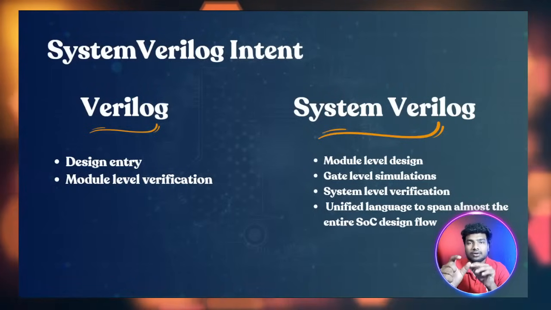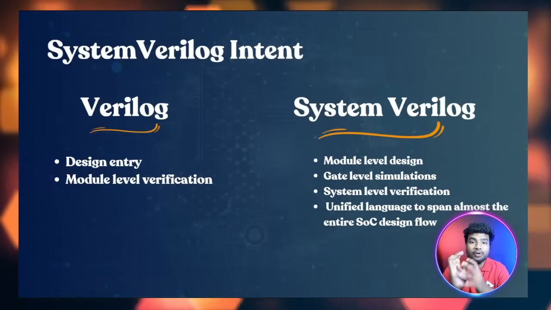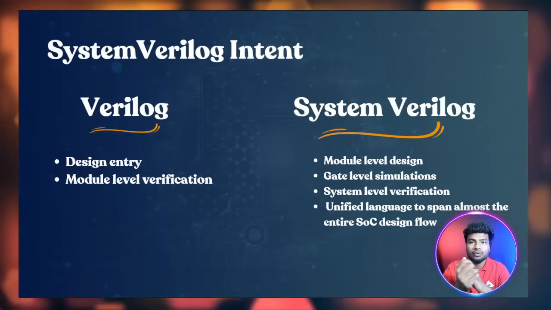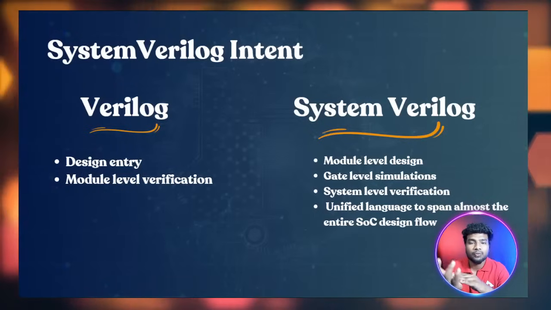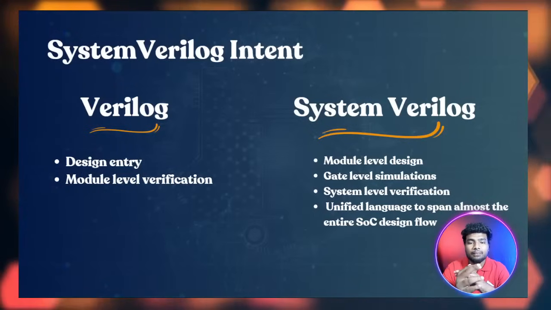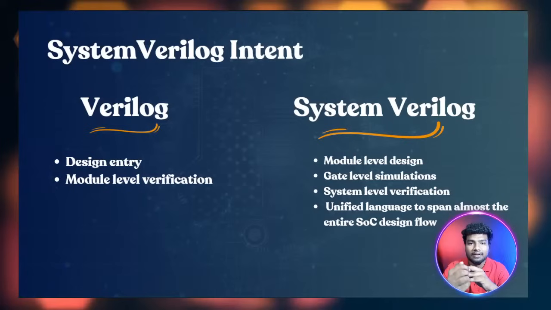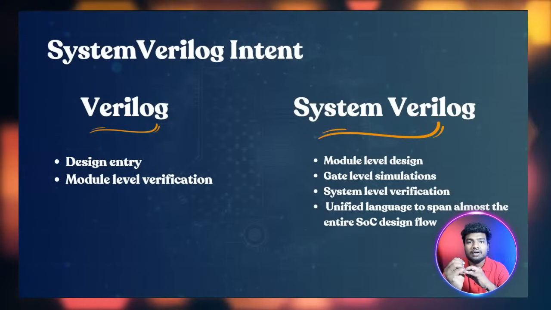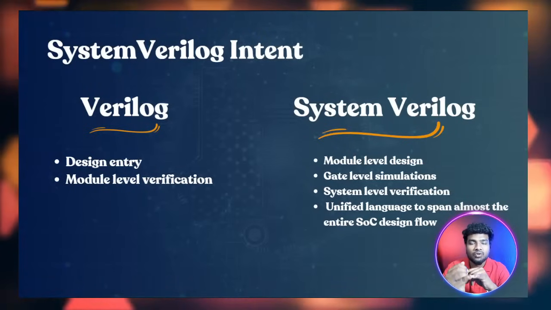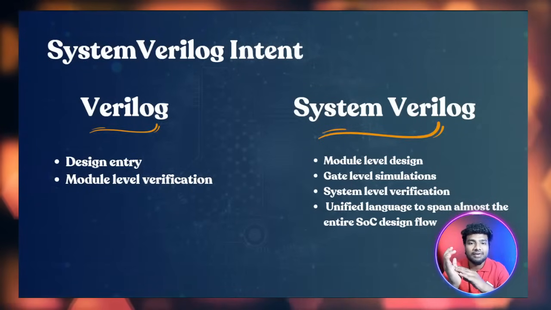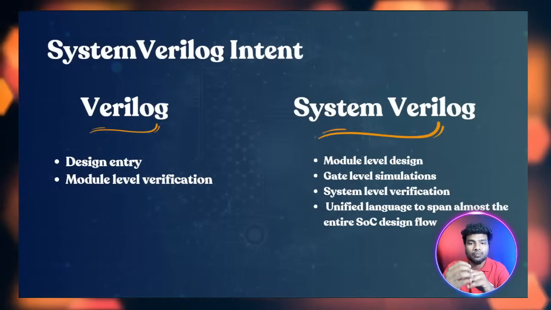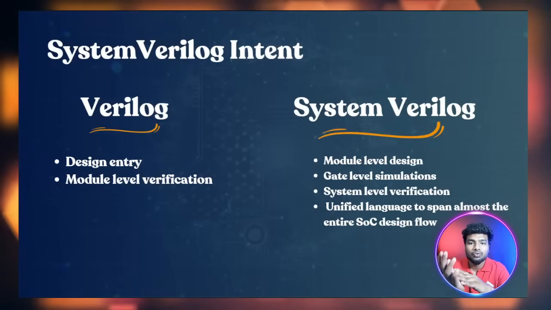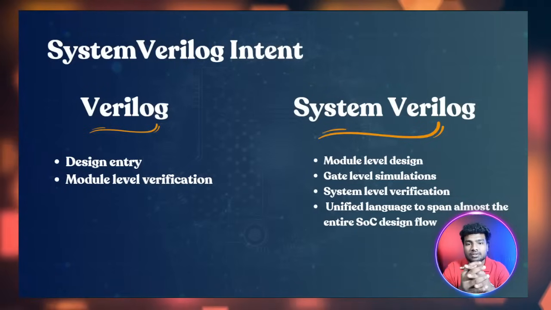Assume how many IO pins it has. CPU has some IO pins, GPU has some IO pins, DMA, flash memory, cache memory, and modem. Each and every block has some input and output signals. If you count, it will go up to 10,000 or 5,000.